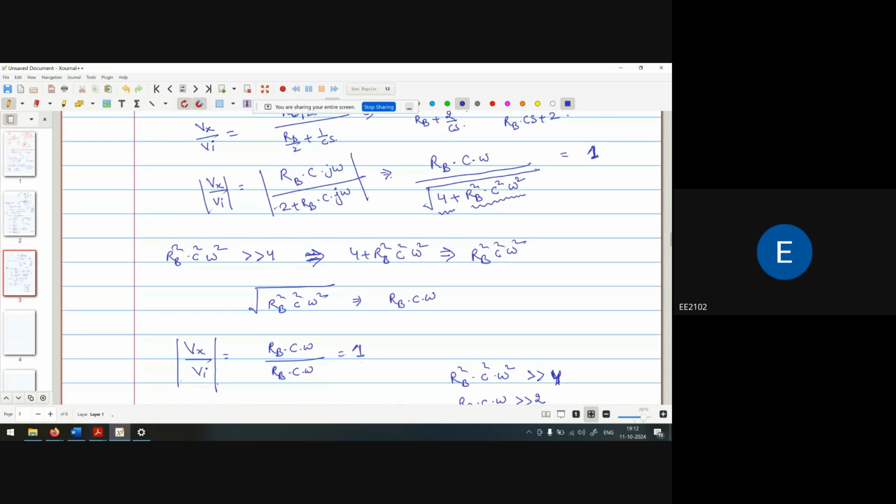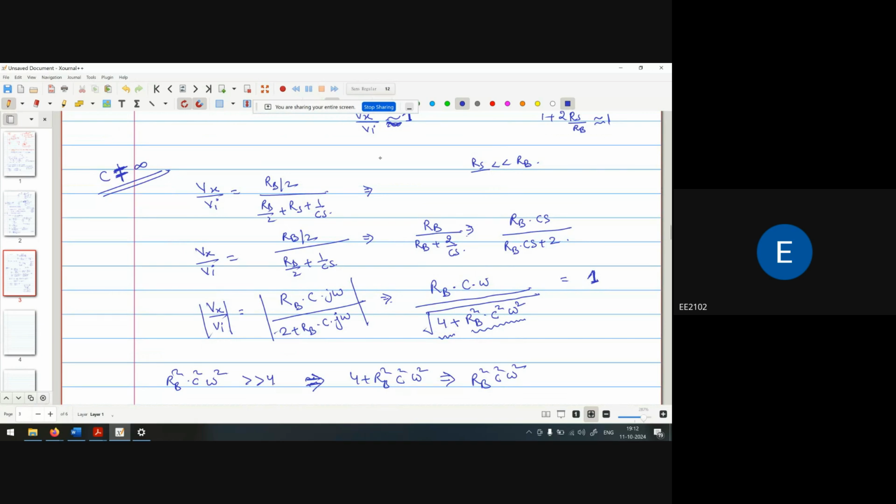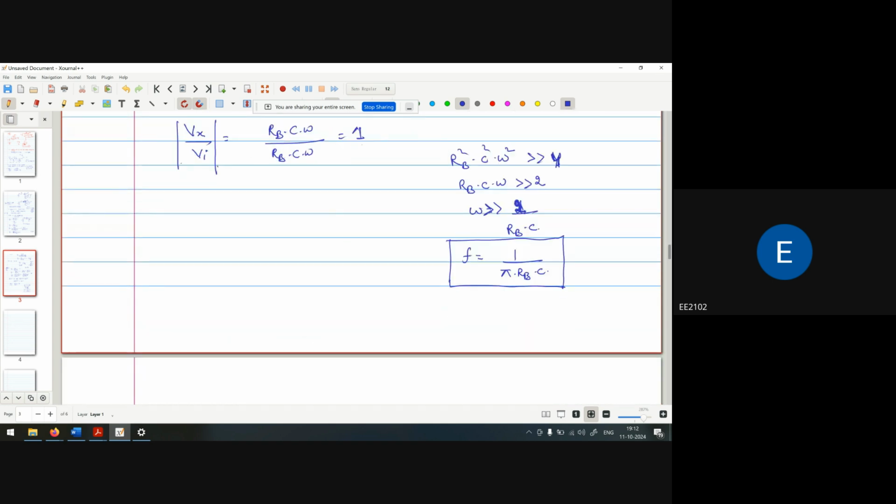I think in your video, when I see, the professor will be calculating Vx upon 2 Vi. Yes, sir. So that value is equal to 1 only when Rb into C into omega is greater than some value.